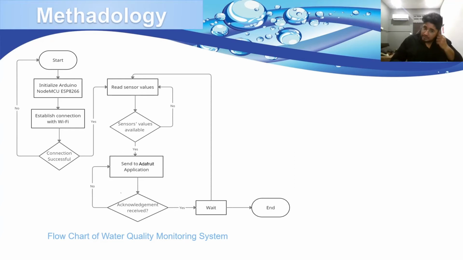If it doesn't, it will loop again, sending the data non-stop until Adafruit IO acknowledges that it has received it. And after that, we wait, and then we can watch all the data collected in Adafruit IO through our mobile phone and also a web browser.